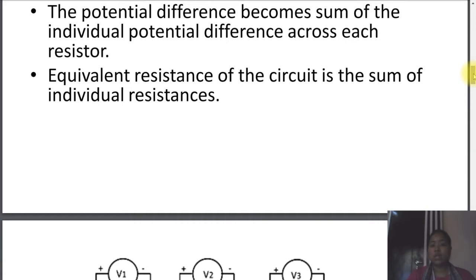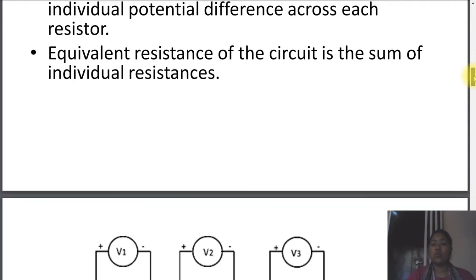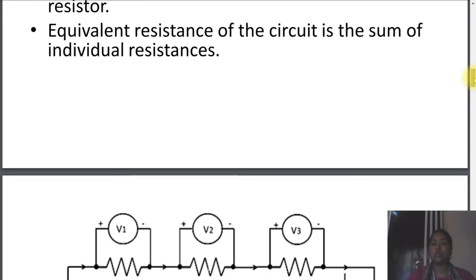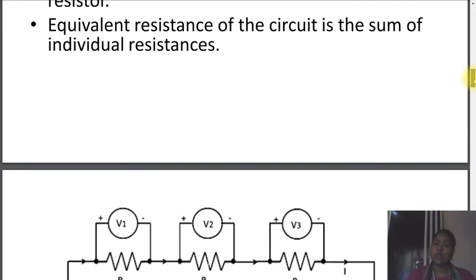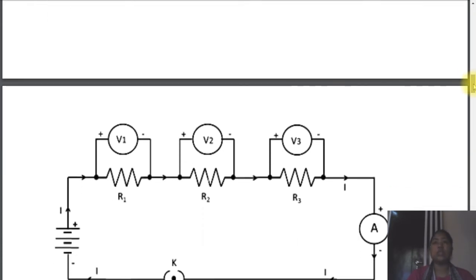After that, the equivalent resistance of the circuit is the sum of the individual resistances. That means if we want to calculate the total resistance of the whole electrical circuit, that equivalent resistance will be the sum of all individual resistances, a simple addition of all the resistances.